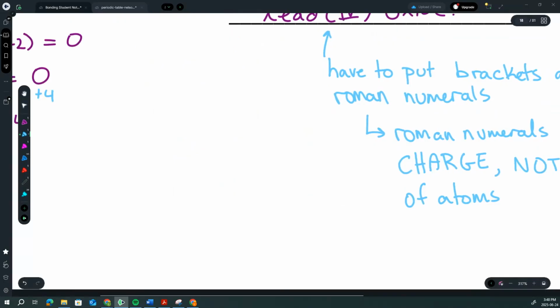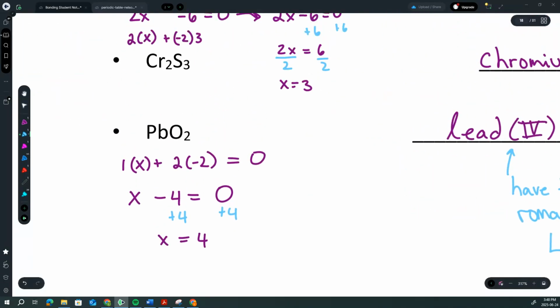Okay, and the reason why I always set my equations to equal 0 is because you always want to create neutral ionic compounds.